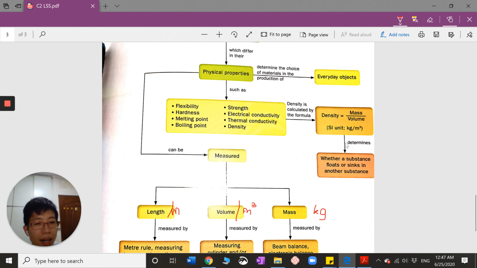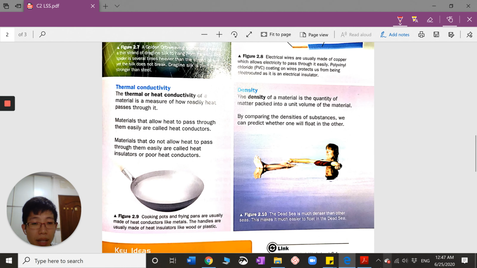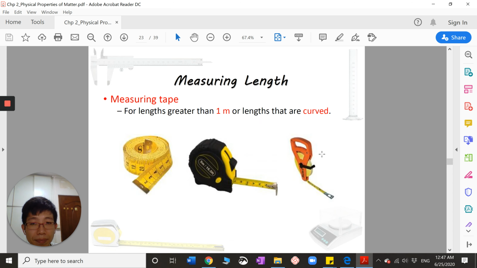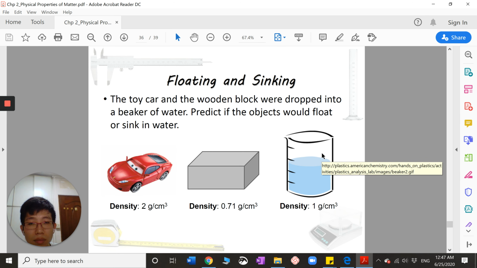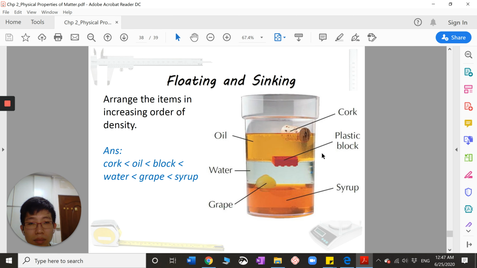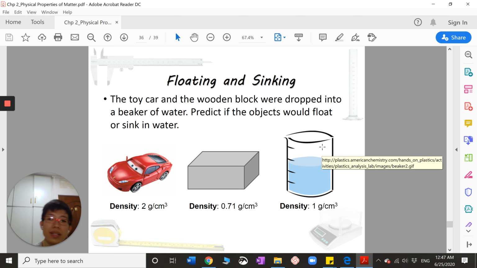And it basically allows us to determine whether a substance will float or sink in another substance. So what do I mean by that? Let's look at your notes. Okay, so in this case, right?